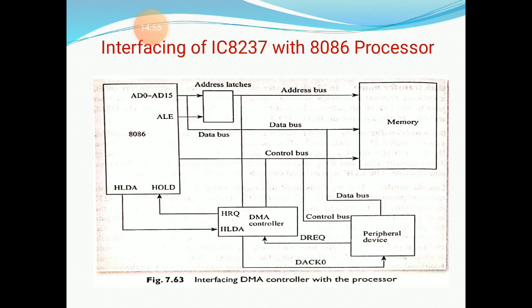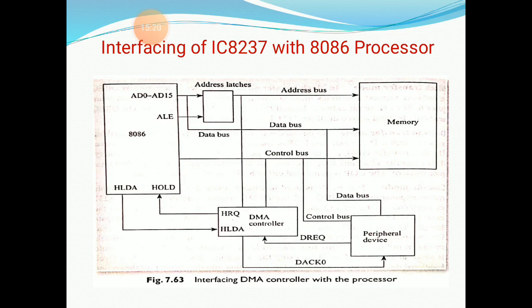In this method, the processor executes programs to transfer the data. By using a DMA controller, the DMA controller requests the service of the system bus and data transfer takes place between peripheral and memory directly without microprocessor involvement.